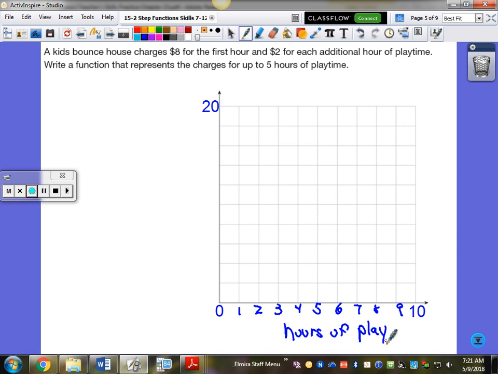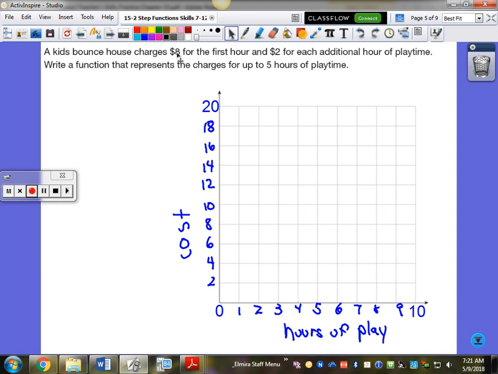And this is cost, or charges, whatever you want to call it. And I just put in some guides so that I would know how to number this.